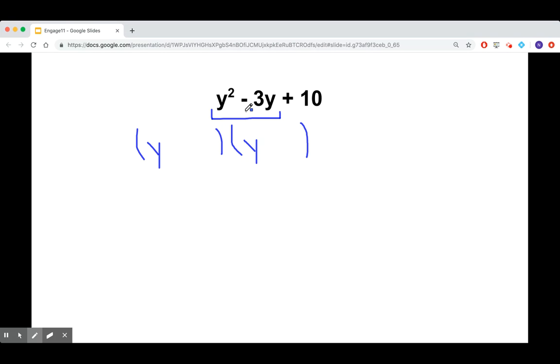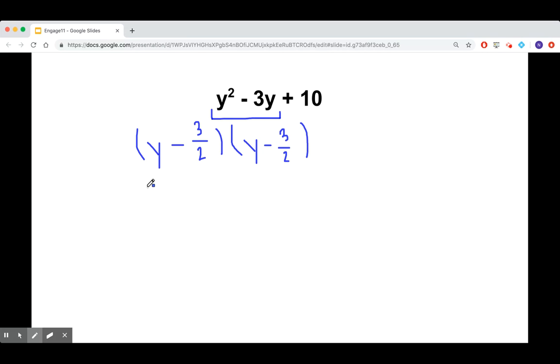Now, obviously, negative 3 is an odd number, which means when we split negative 3 in half, we're going to end up with a decimal or a fraction, however you want to write it. In this case, that fraction can be represented as 3 over 2. And the reason why that's the case is because negative 3 halves plus negative 3 halves equals negative 3y.